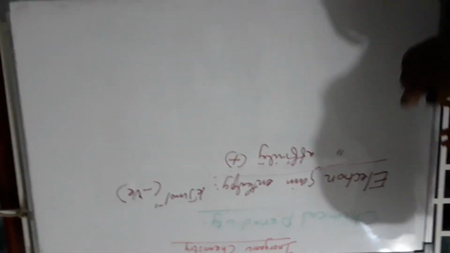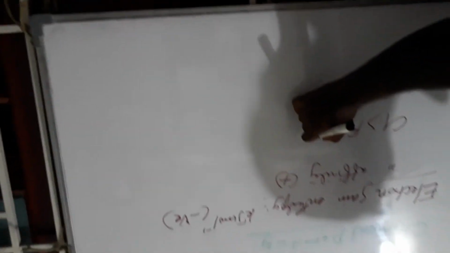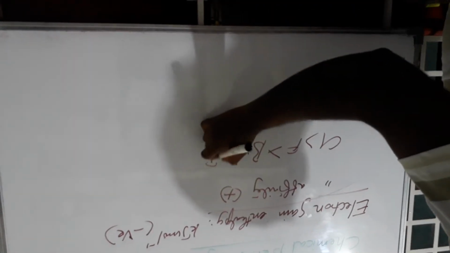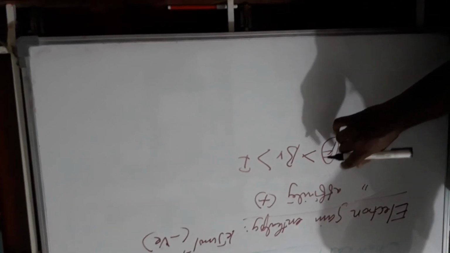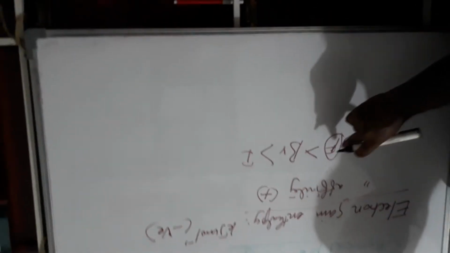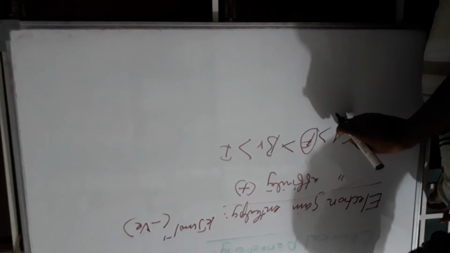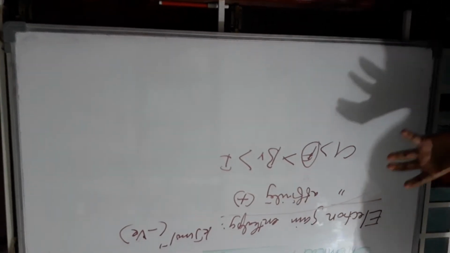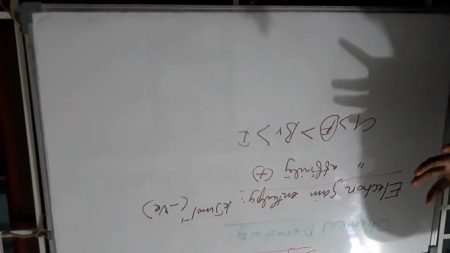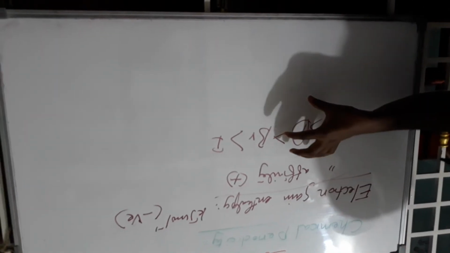The order of electron gain enthalpy is chlorine, fluorine, bromine, iodine. Why does fluorine have a lower electron gain enthalpy than chlorine in the periodic table? Because in fluorine, if you add one electron, the electronic repulsion is more due to its small size, so its stability is very low.